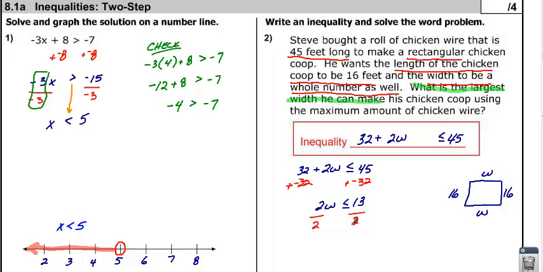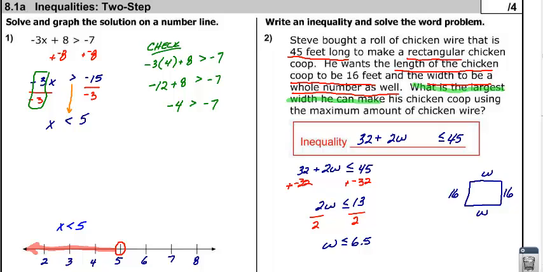Divide both sides by 2, and we get w has to be less than or equal to 6 1/2. So w less than or equal to 6.5. The question, what's the largest width he can make? He wants it to be a whole number.